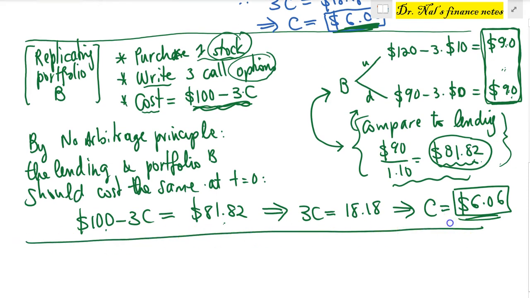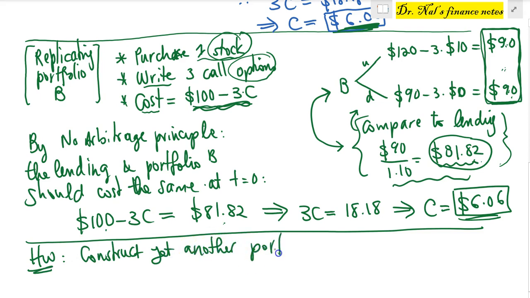So let me write down the homework. Construct yet another portfolio, say portfolio C. Well, actually, portfolio C will be confused with the letter C, which I used for the call option. So let's say D. I'm going to use it in a second.